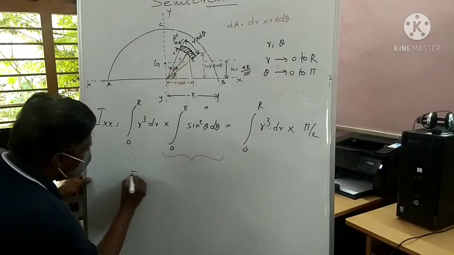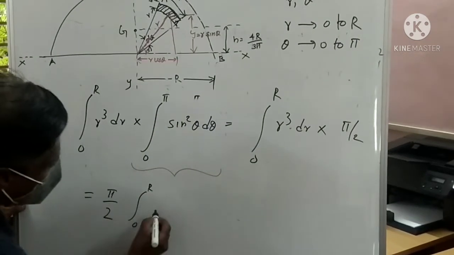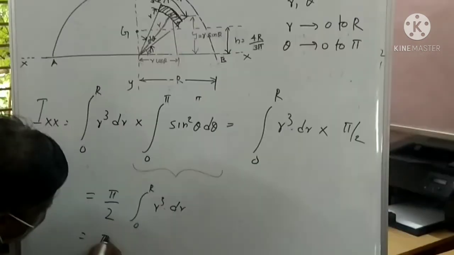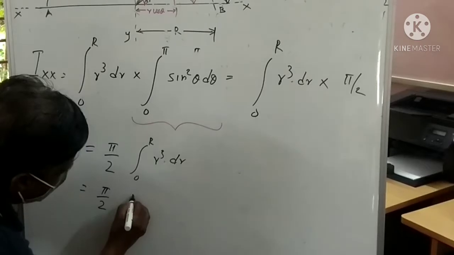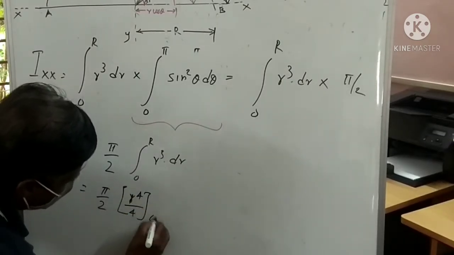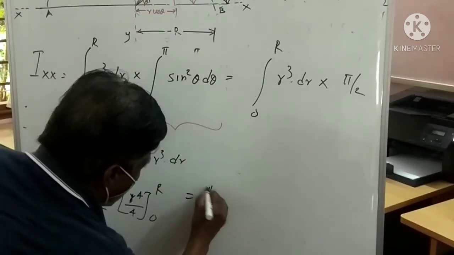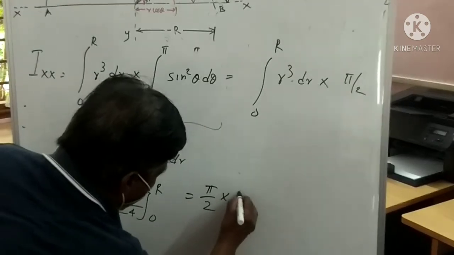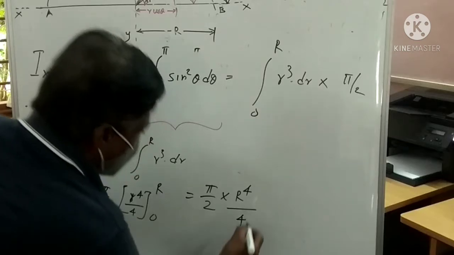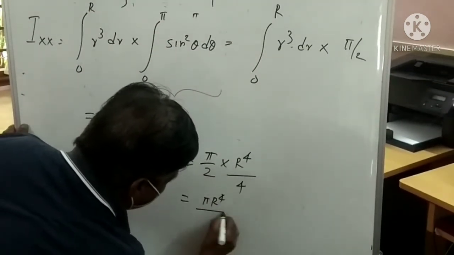That is pi by 2 into r raised to 4 by 4 with the limit 0 to r, which is equal to pi r raised to 4 divided by 8.